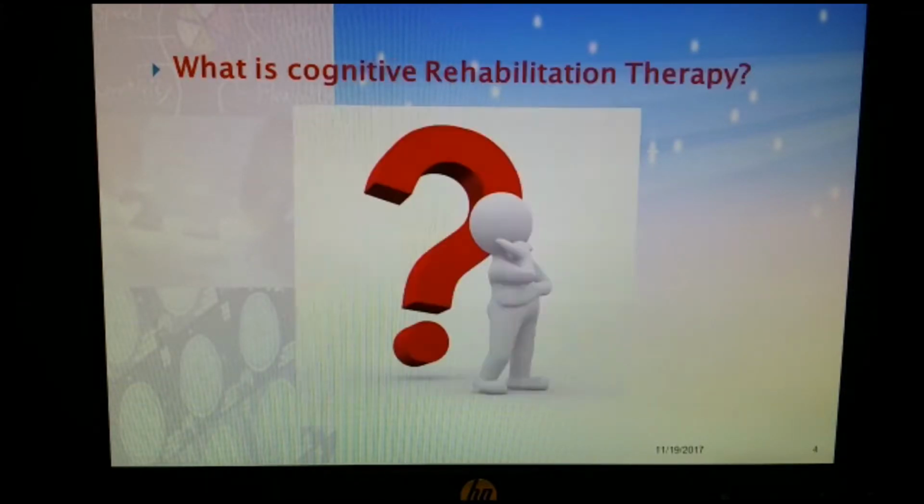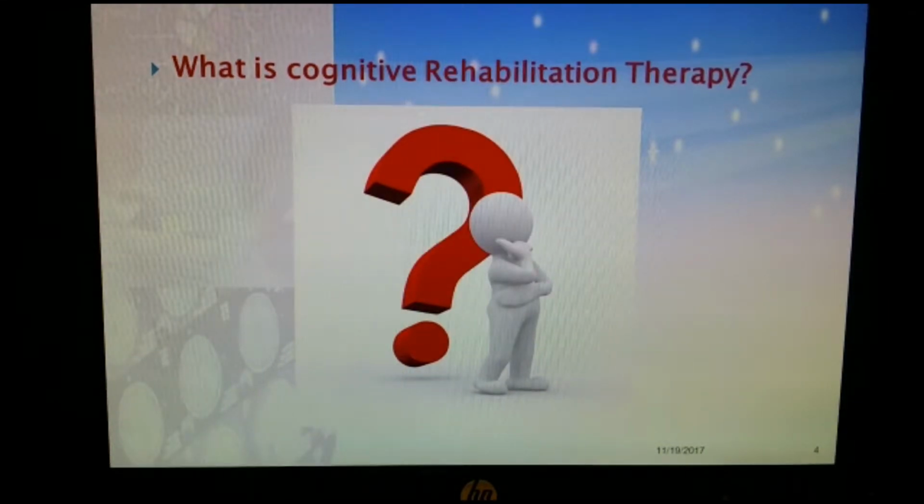So if cognition is thinking and learning, what do we mean by cognitive rehabilitation therapy? What does that term mean? Cognitive rehabilitation therapy is the retraining of the thinking and learning skills which may have been altered or lost secondary to congenital or acquired brain impairment or damage.